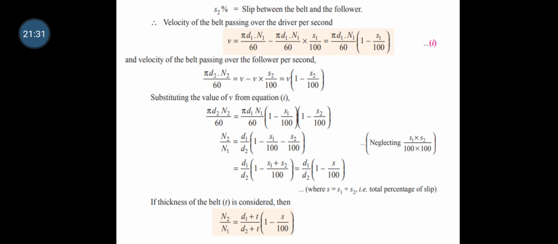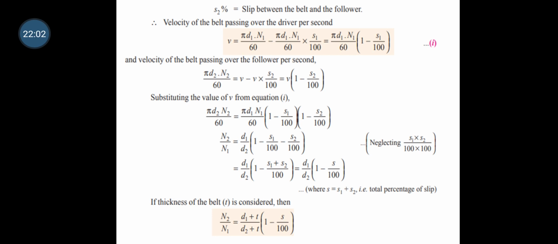Neglecting the product of S1 and S2, where S is the total percentage of slip, n2 divided by n1 is equal to d1 divided by d2 into 1 minus S divided by 100. If the thickness of the belt t is considered, then n2 divided by n1 is equal to d1 plus t divided by d2 plus t into 1 minus S by 100.